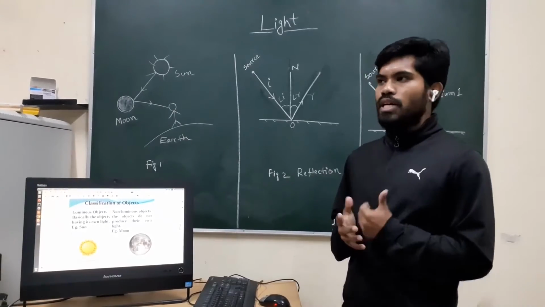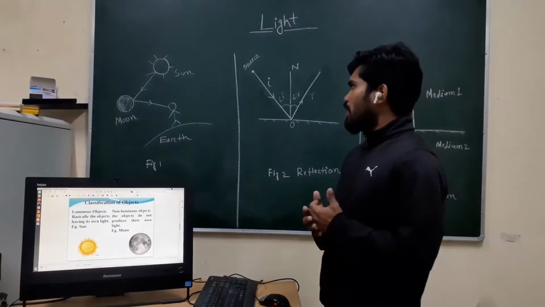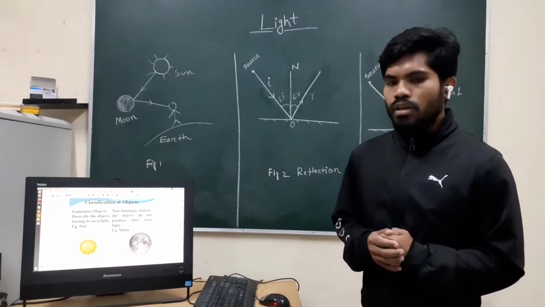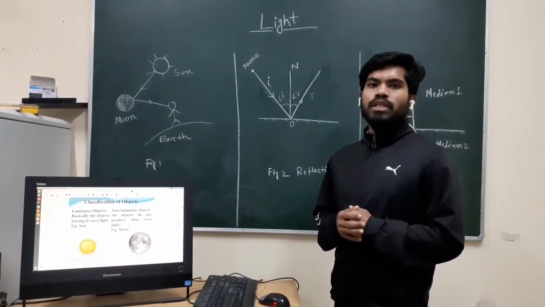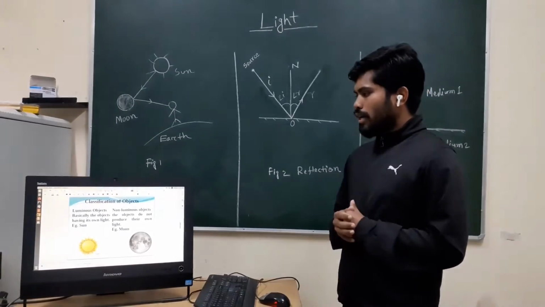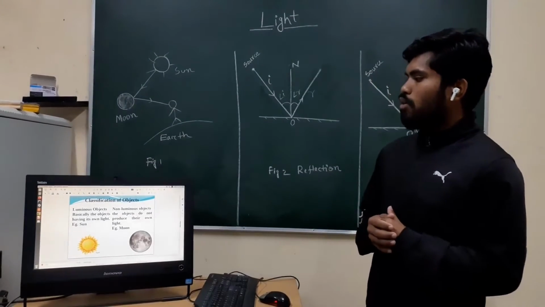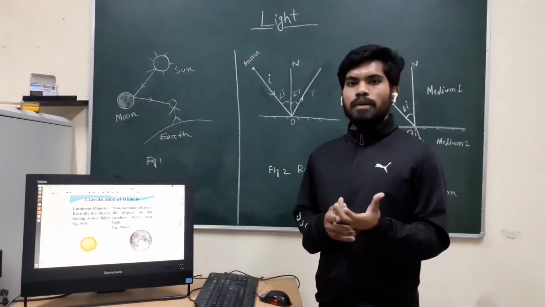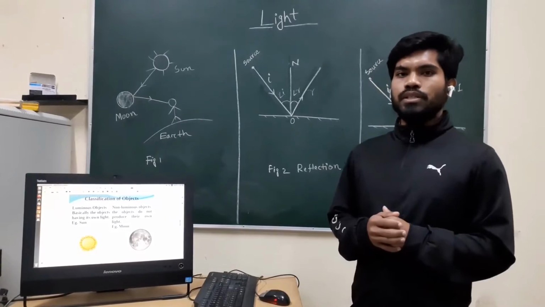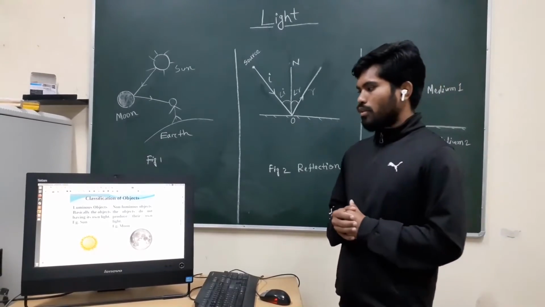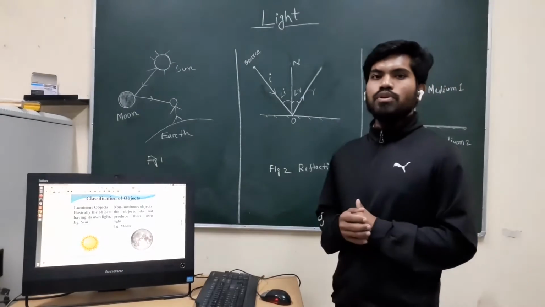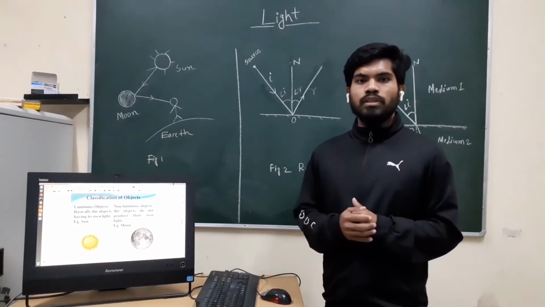For example, the sun can produce light itself. Those types of objects are known as luminous objects. On the other hand, objects which are not able to produce light themselves are known as non-luminous objects. For example, the moon cannot produce light itself.